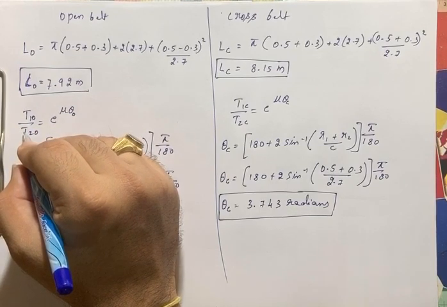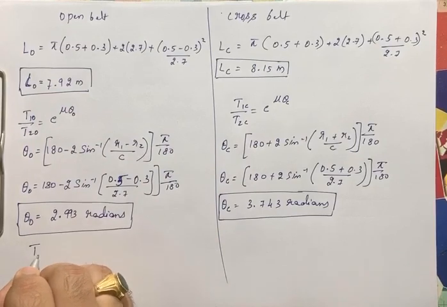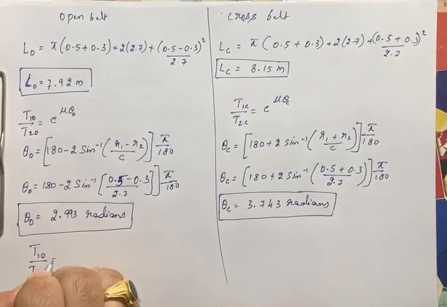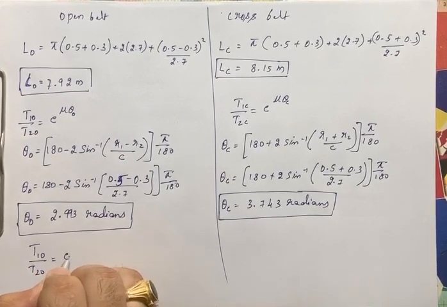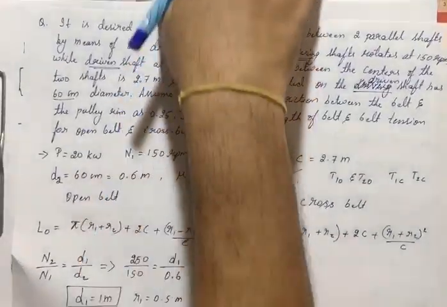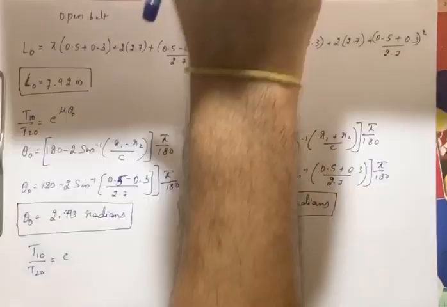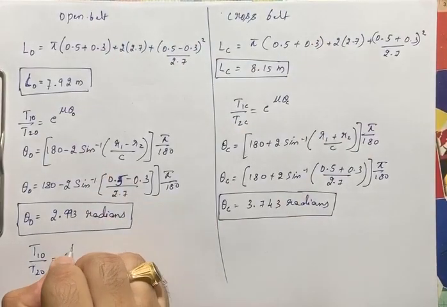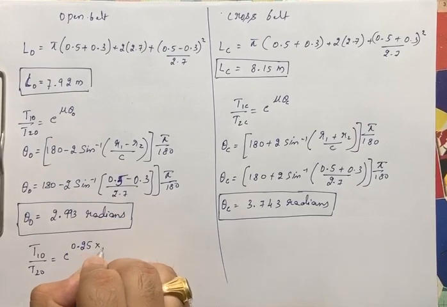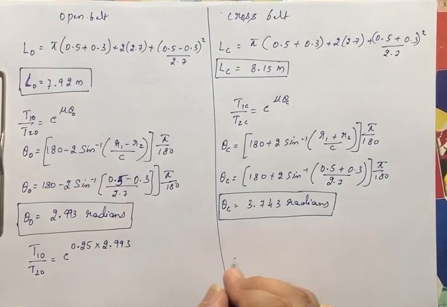Now I will write this as T1O divided by T2O is equal to e power mu, the value of mu here is 0.25, right, into radians 2.993, right.